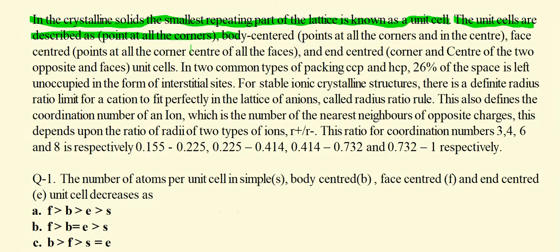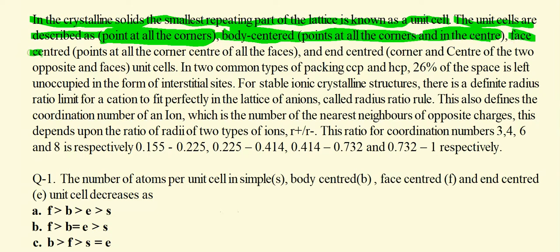In the primitive, all the lattice points are present only at the corners of our lattice, while in the body centered unit cell, lattice points are present at all the corners and in the center of the lattice.